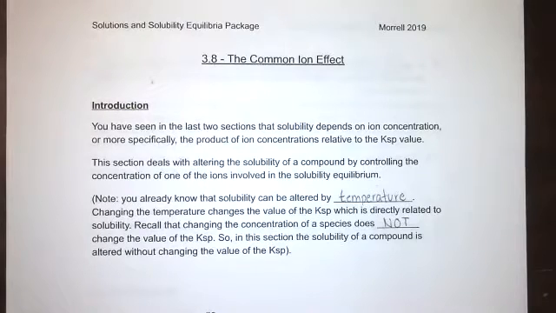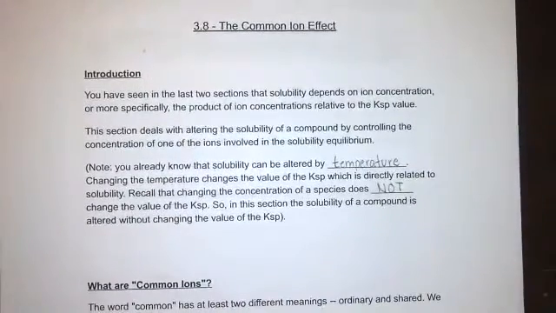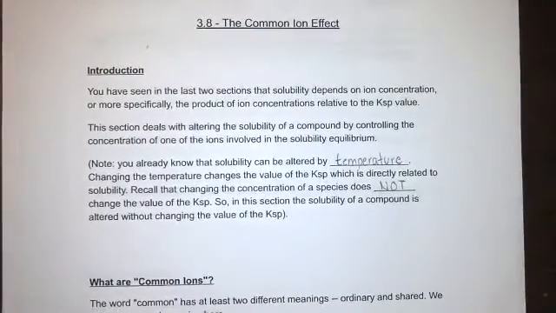So in the last sections, we talked about how our solubility depends on our ion concentration when a substance is dissociated in solution. And it could be related back to the product of our ion concentrations, which is our KSP value. We're going to be looking at today what happens when we change the concentration of one of the ions that's involved in our equilibrium.